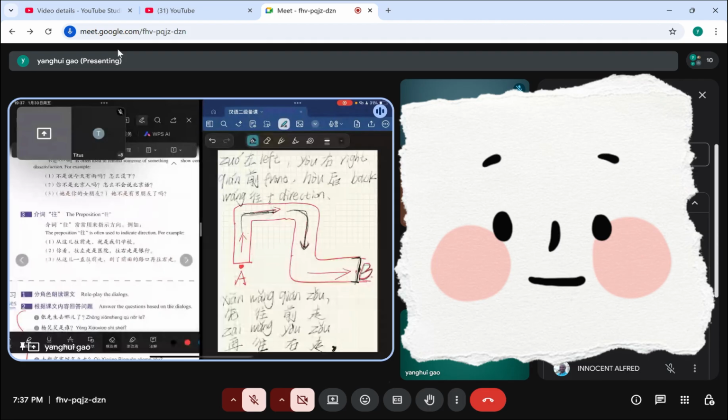So first step, first go forward. 先往前走. And turn right. 再往右走. And then turn right, and then turn right. The same direction.